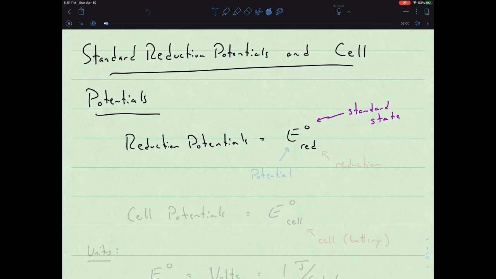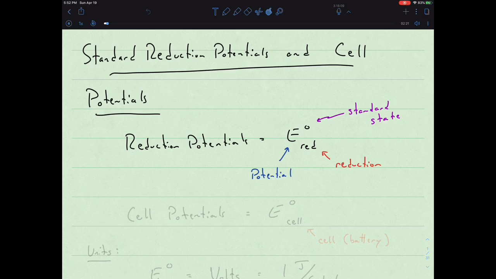And so what E is really signifying is the idea of potential, and then specifically talking about reduction. So we have reduction potentials.